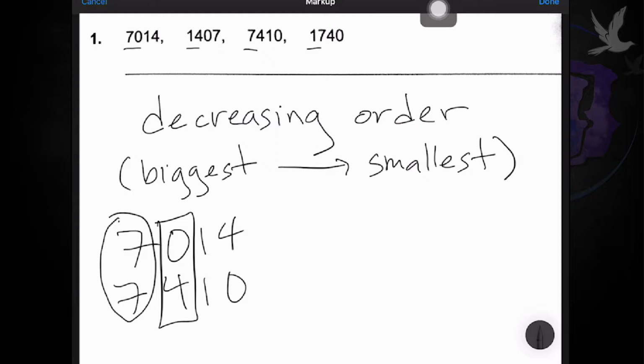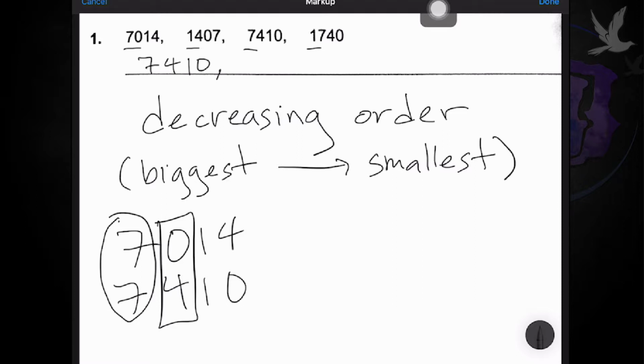Just to remind you, since we are arranging these numbers in decreasing order, we have to start with the biggest number. So we compare them: which is bigger, 0 or 4? It's quite obvious that 0 doesn't have a value and any number above 0 is bigger. So in this case, 7410 is our biggest.